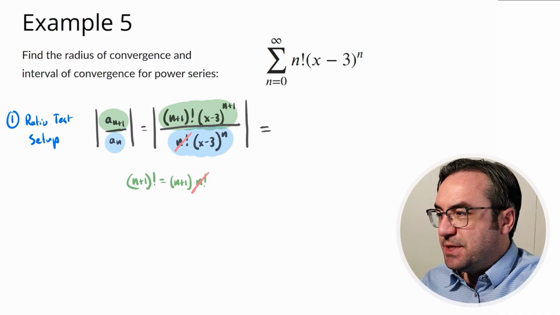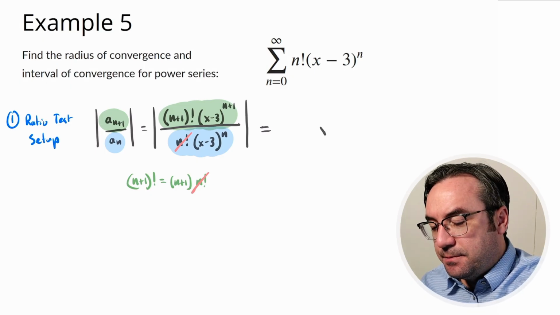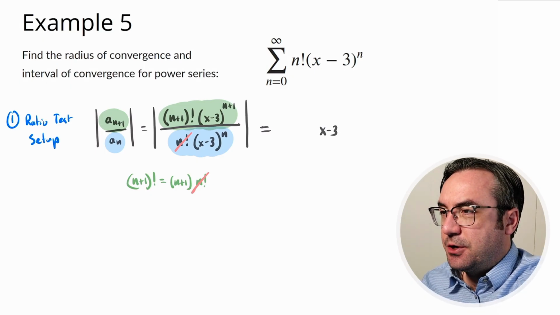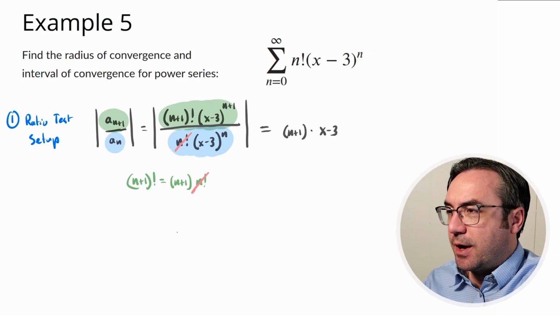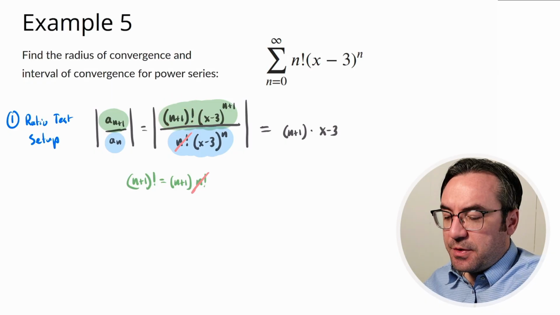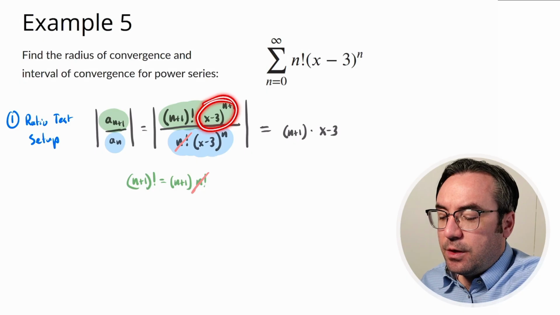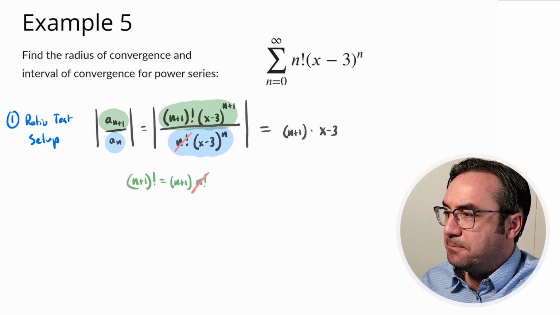So what happens after we simplify this? Well, we'll have our x minus 3 term, and then we'll have n+1 left over in the numerator. So we'll have our n+1 left over from the factorial, and then we'll have 1 copy of x minus 3 left over from the power term.